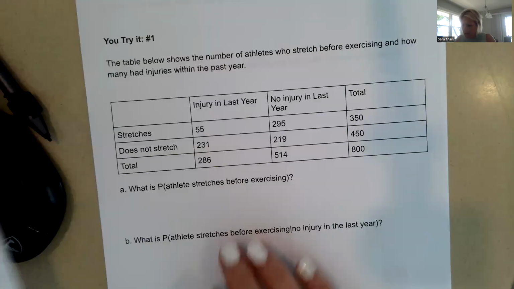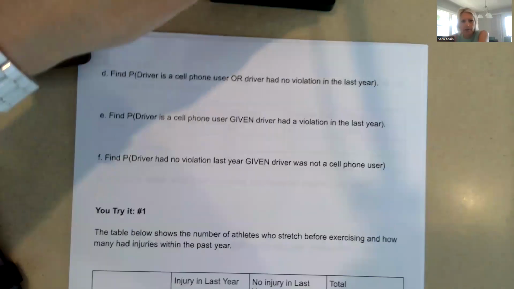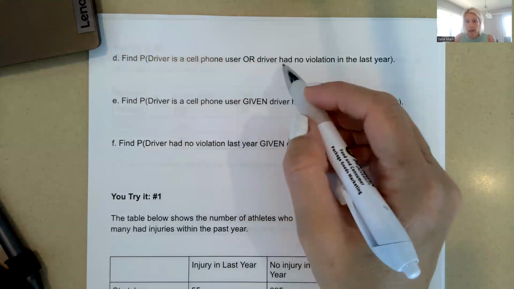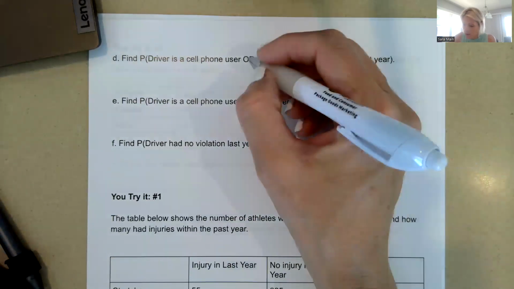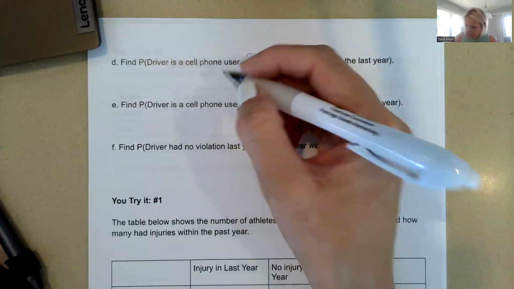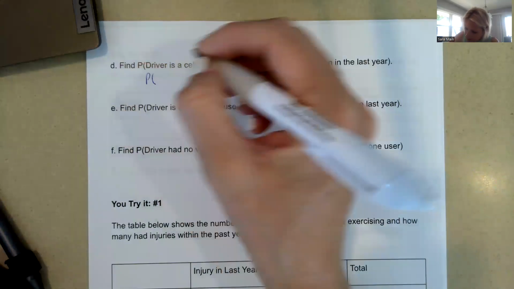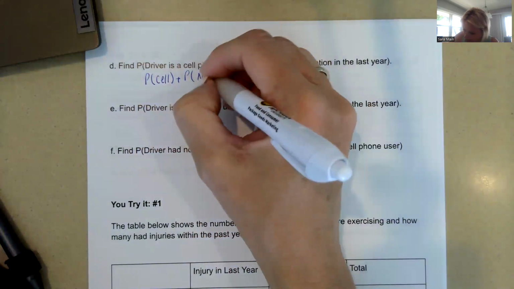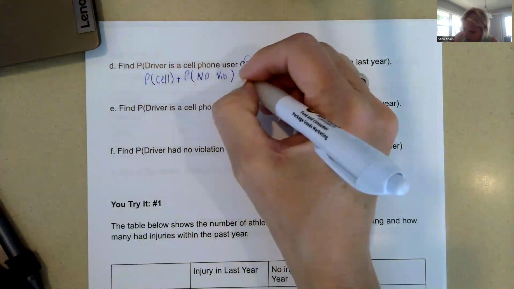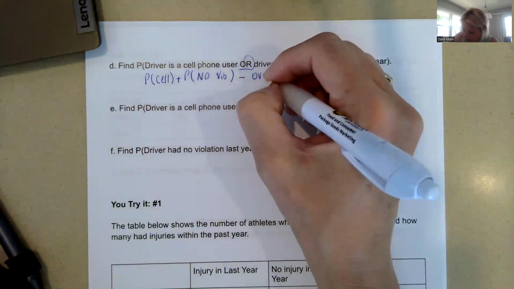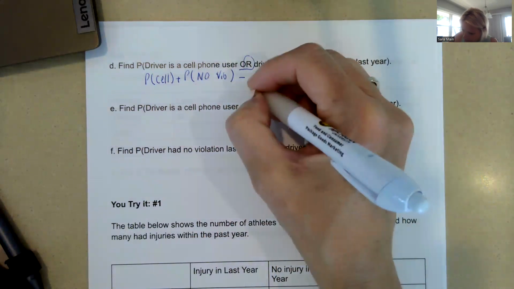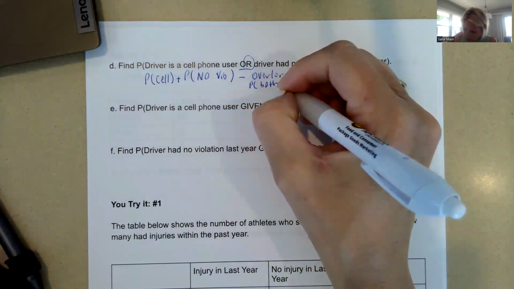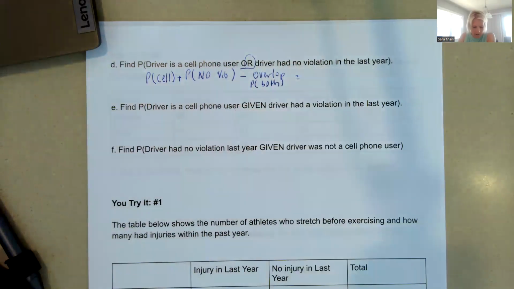Okay. Now it says, D, find the probability that the driver is a cell phone user or had no violation in the last year. So now or, okay. So that means we have the probability of the cell plus the probability of no violation minus the overlap, which is the probability of both, which we just found in the last part.